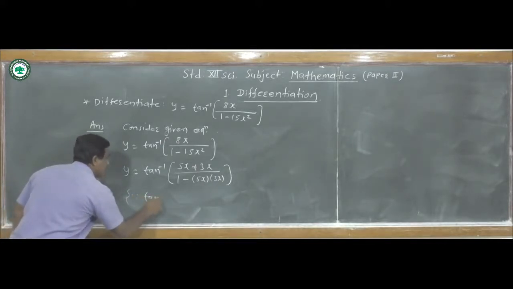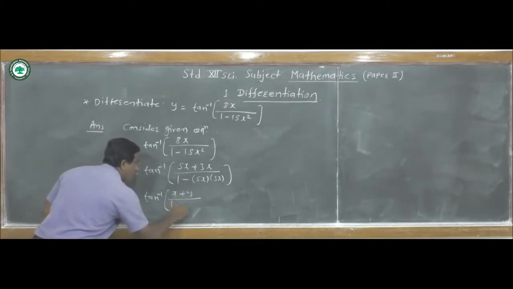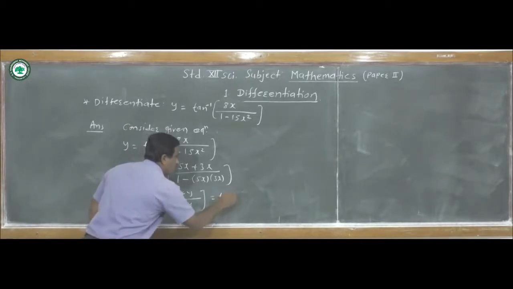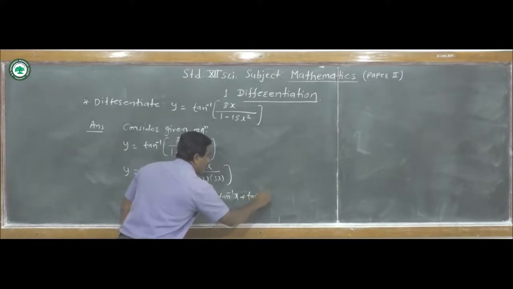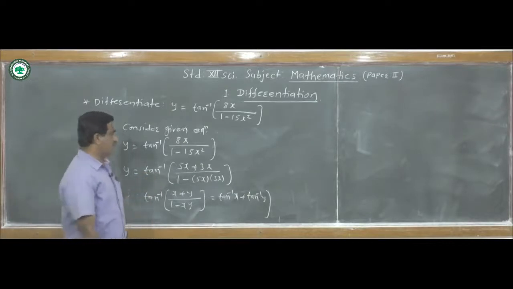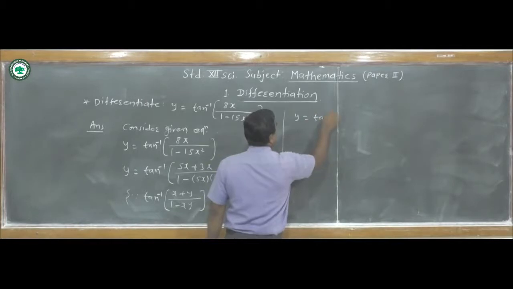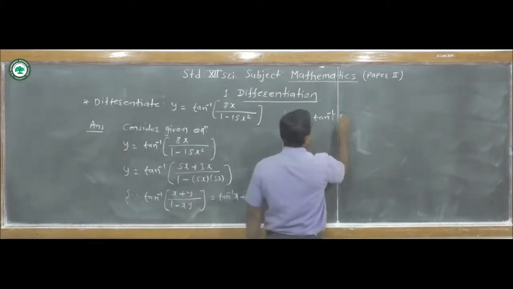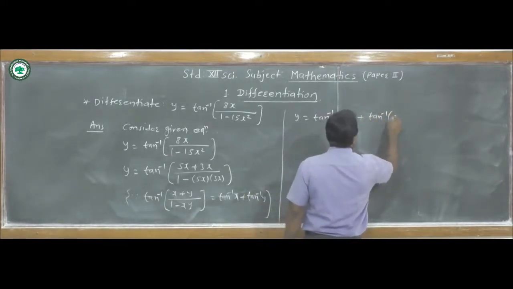Since tan inverse of x plus y upon 1 minus x into y is equal to tan inverse of x plus tan inverse of y. Okay, using this formula we can write the value of this equation as y is equal to tan inverse of 5x plus tan inverse of 3x.